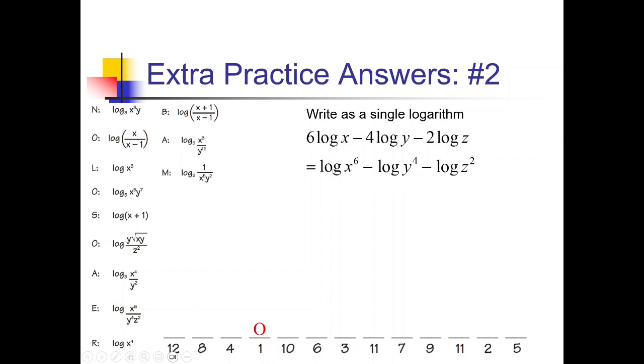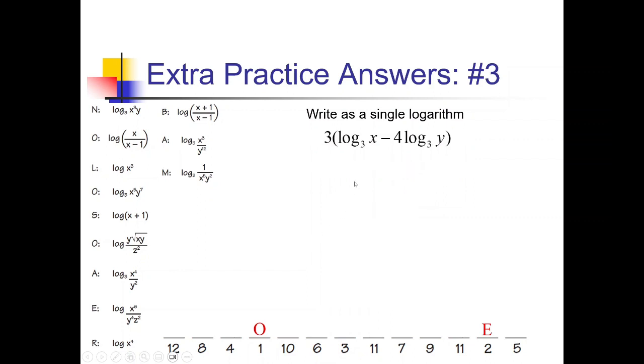So my log of x to the 6th stays in the numerator. But the things that I'm subtracting, this y to the 4th and this z squared, are each going to move into my denominator like I just did there. So anything that's being subtracted goes into the denominator. And I can find that answer, let's see, that's going to be E. So E goes on spot 2.